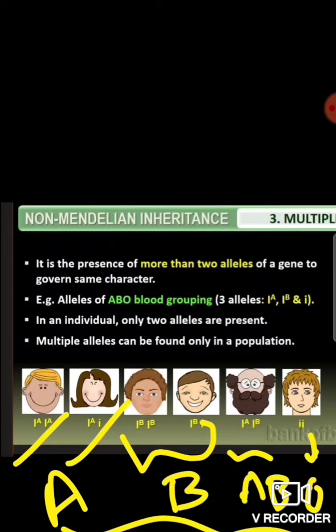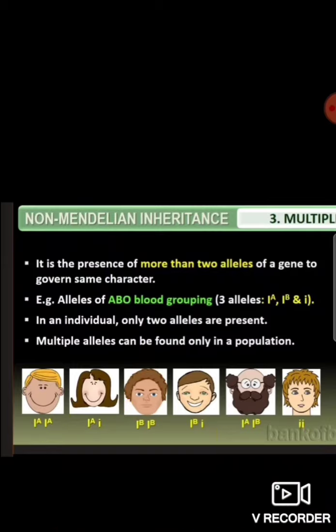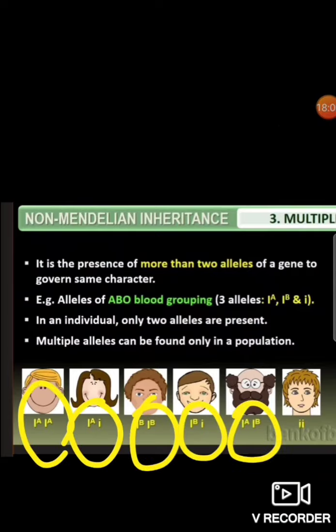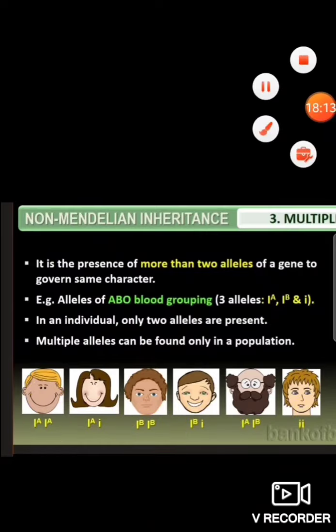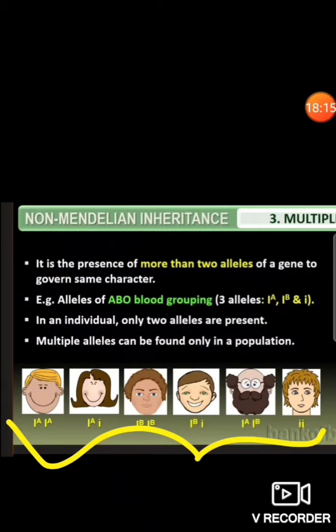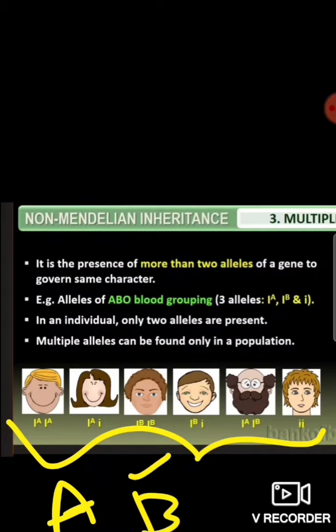So one gene should have 2 alleles. In a human being, one gene has 2 alleles if you consider one person. But if you consider the whole population for a character, blood group, there are many different alleles. For A blood group there are different alleles, for B blood group different alleles, AB blood group and O blood group.